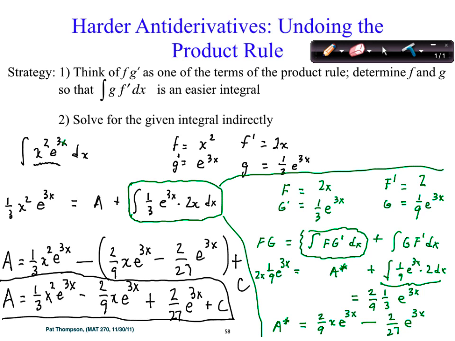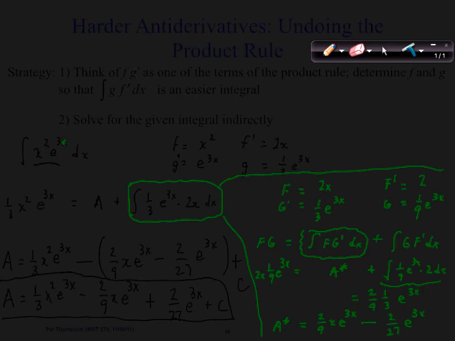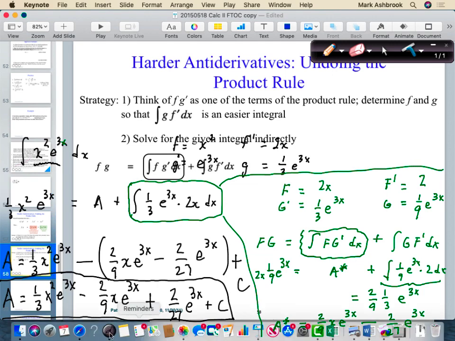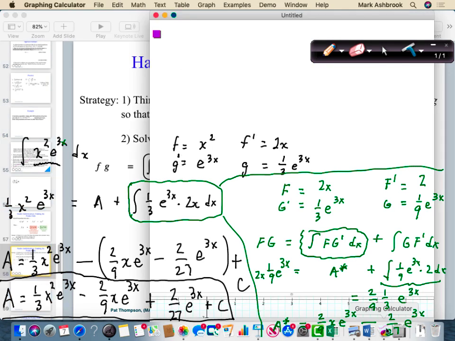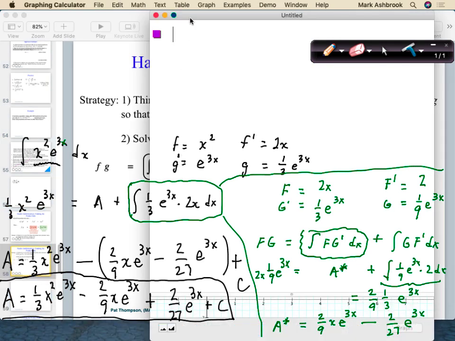Yes, sir. So how would I check it on GC? You would plot the open form one, and then you plot what you think the closed form was, and you see if the lines are the same.